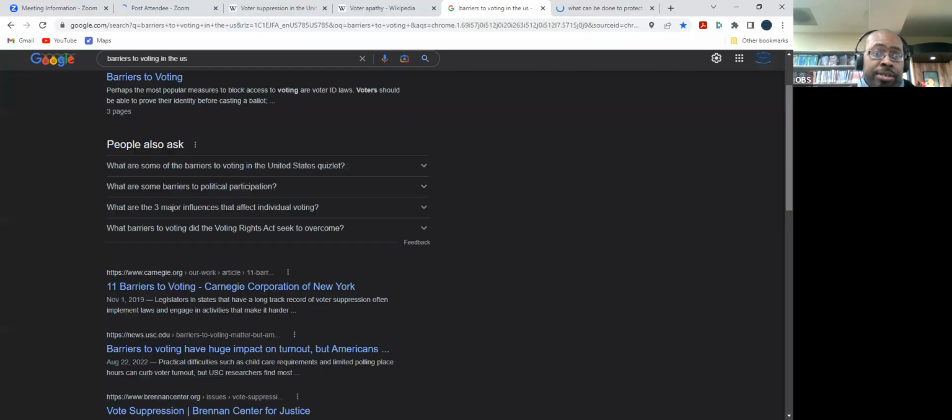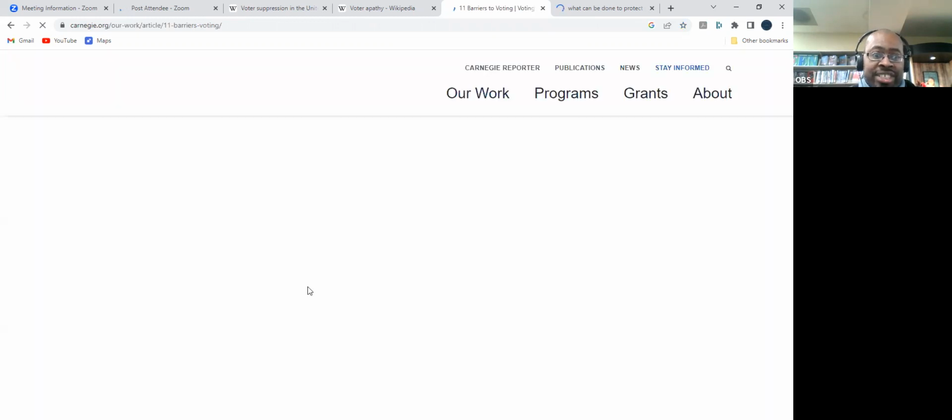Two of the main barriers to voting, of course, are voter apathy and voter suppression. And we will deal with those two in more detail. But for now, we're going to look at some of the barriers to voting. What are some of the barriers to voting?